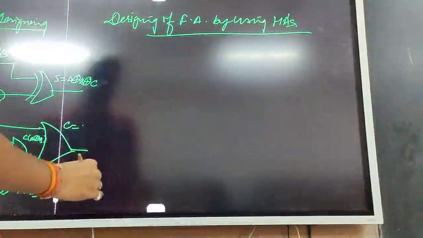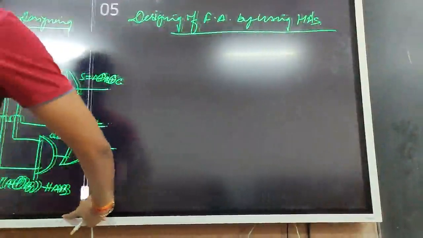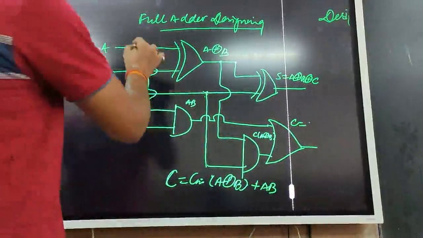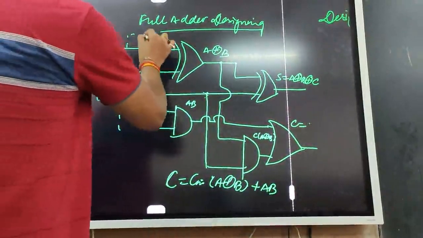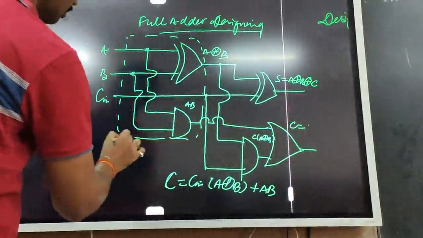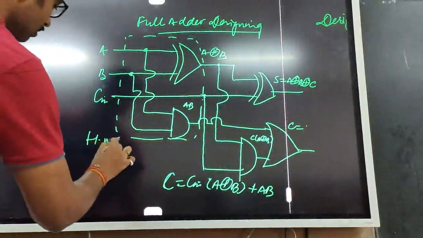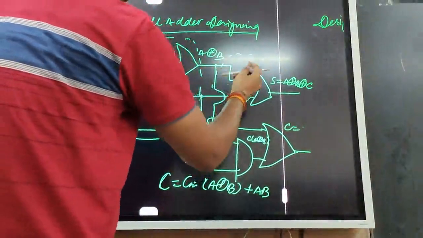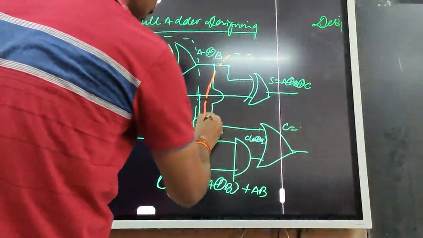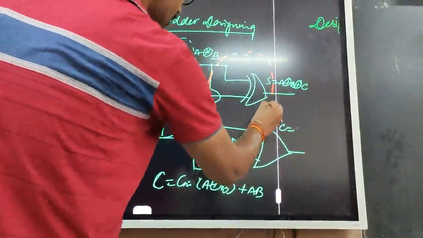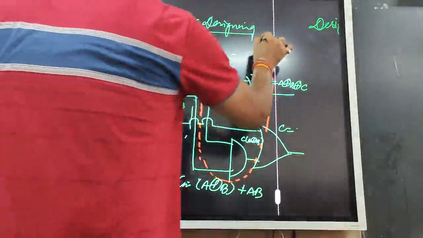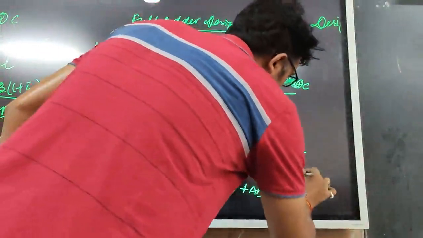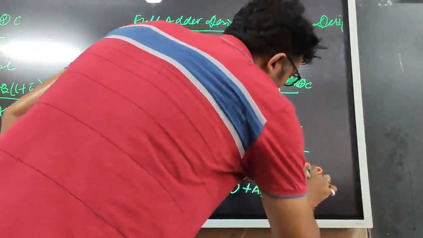So in this way, here we can see that this is a combination of half adder 1, the same is here, half adder 2, and additionally we require one OR gate.